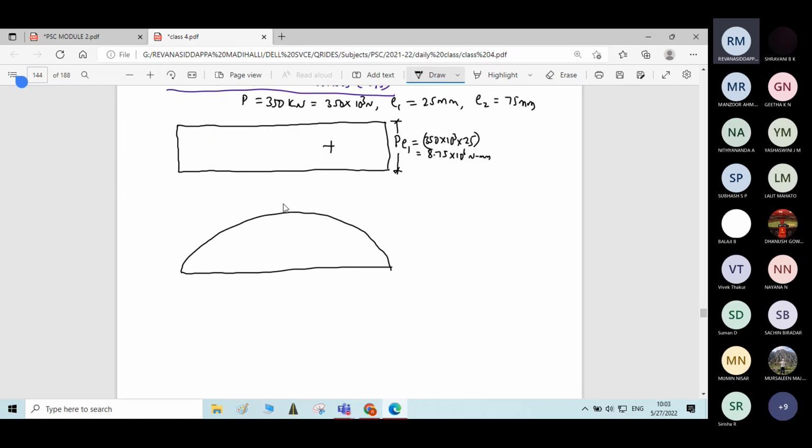Here it is P into E1 plus E2, that is 350 into 10 power 3 into E1 plus E2. E1 is 25 plus E2 is 50. So we'll get the answer as 35 into 10 power 6 Newton millimeter. Here, what is the sign? Very important. Sign is negative.